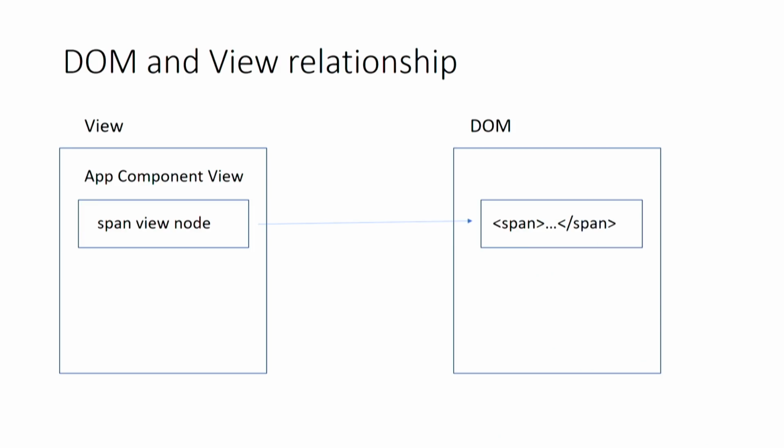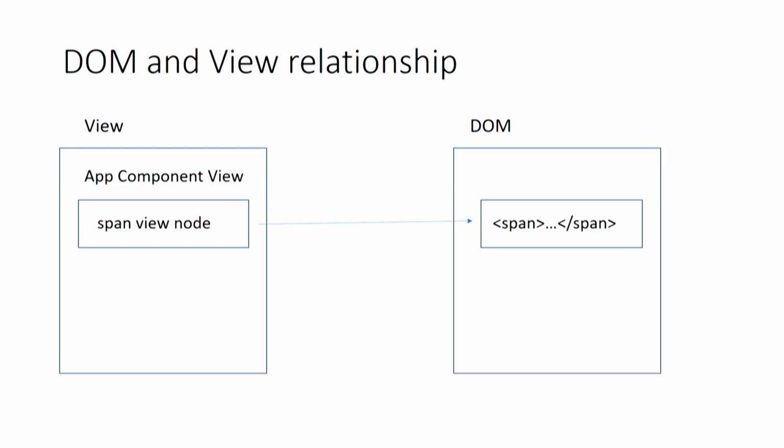Every component in Angular is represented as a view. View is a core concept in Angular under the hood. It's an abstraction that associates DOM nodes defined in a component template, like the span element that we just saw, with the component class.